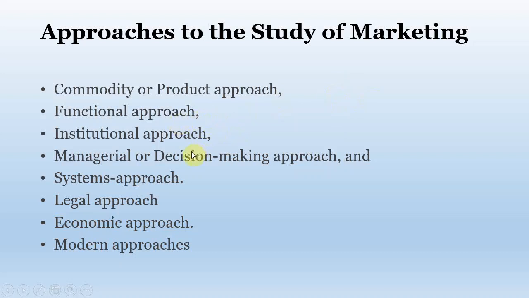Then functional: function means all the activities, that is buying, selling, transport, warehousing, storing, financing, risk bearing, everything. Then institutional: various institutions are involved, that is banking, finance, insurance, warehousing, this kind of everything. Write in detail the basic points to make you understand in your notes.